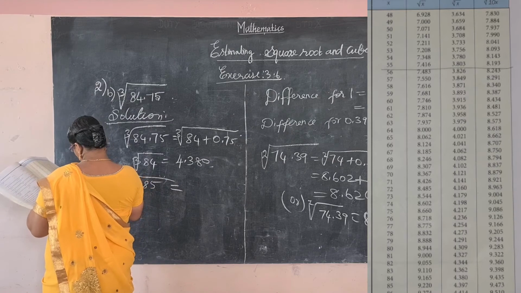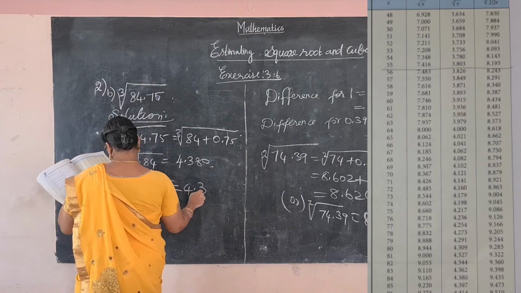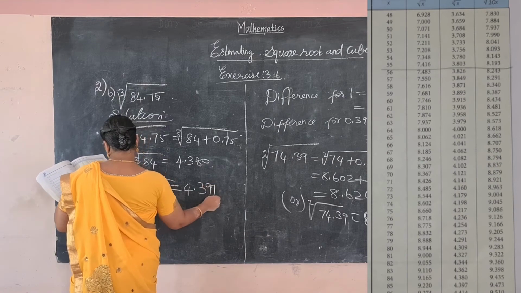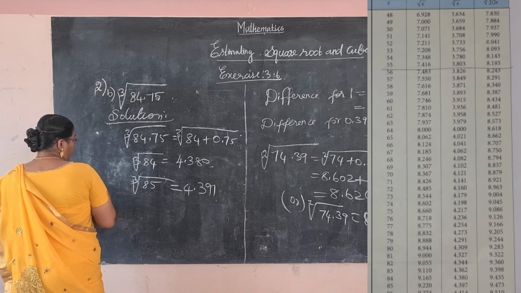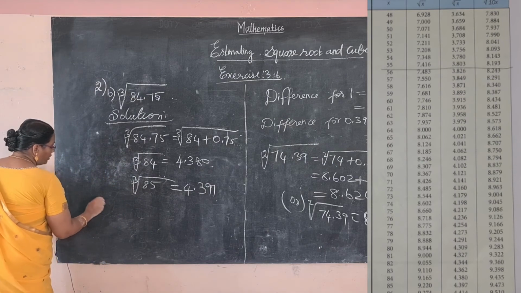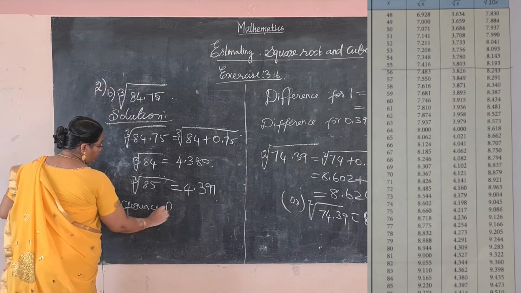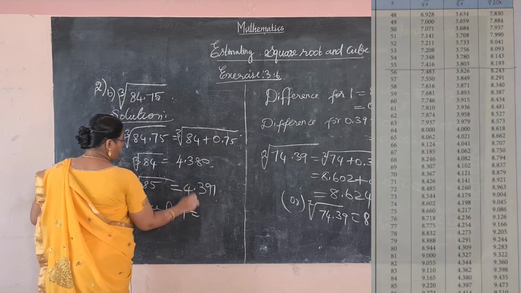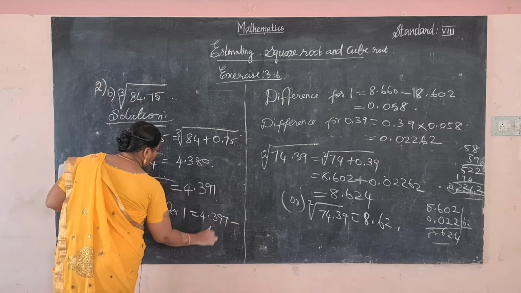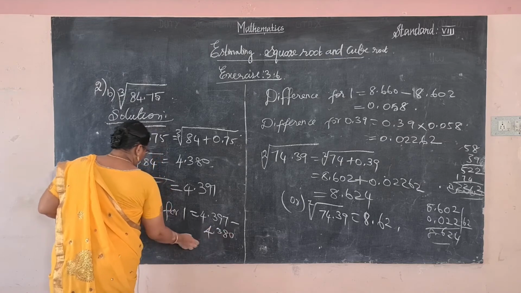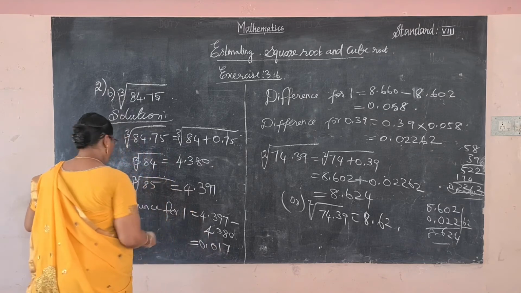Okay, and then the cube root of 85 is 4.397. Okay, so now find the difference for 1. The difference for 1 means subtract 4.397 minus 4.38. We get 0.017. Okay.